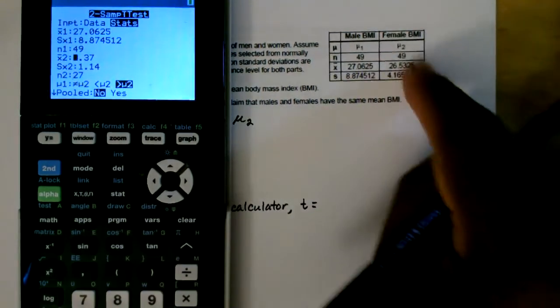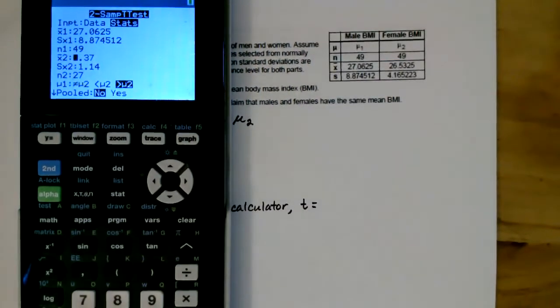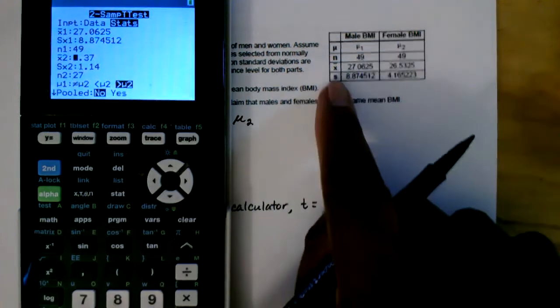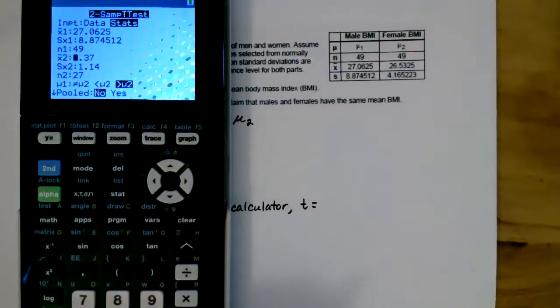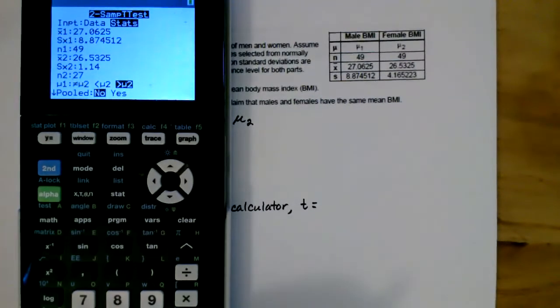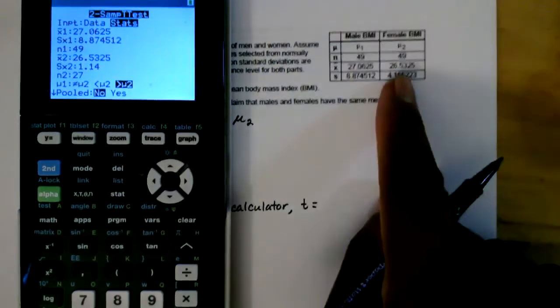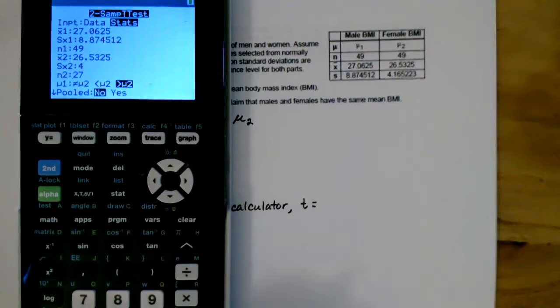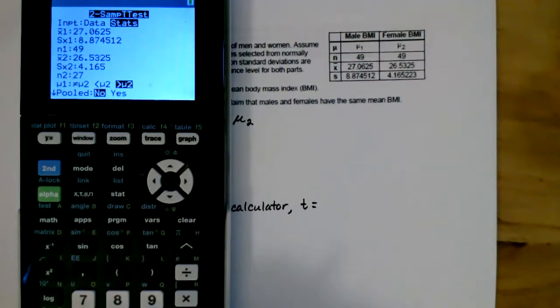And then the second one, X bar 2, S2, and N2, would be for females. X bar 2 is 26.5325. S is 4.165223, and your N is 49.